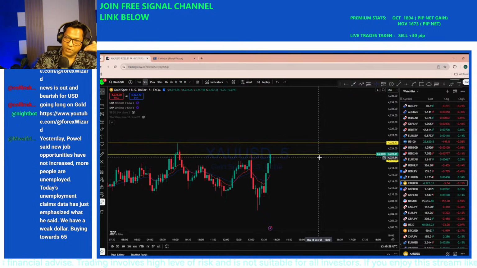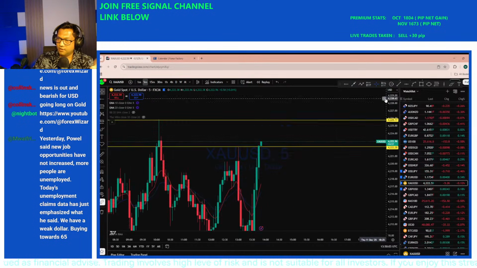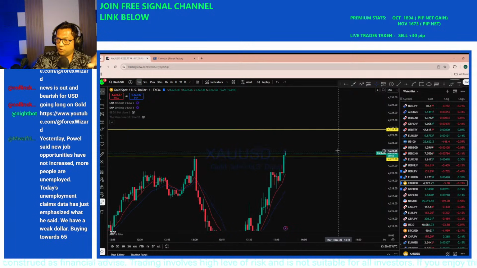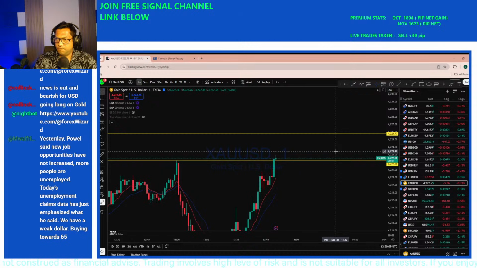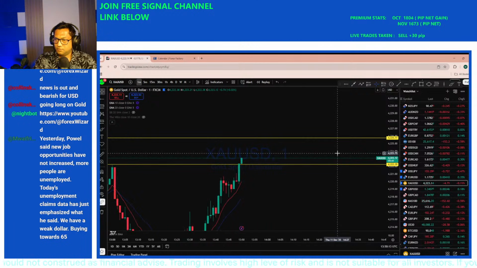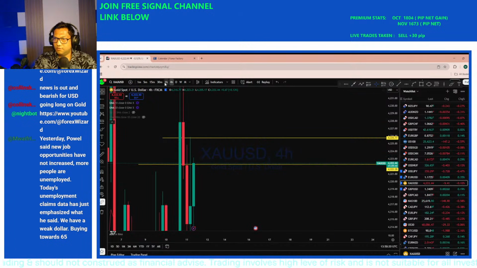If the price breaks the resistance and creates a new higher high, that is where you can look at a possible entry in this market. It's already overextended.